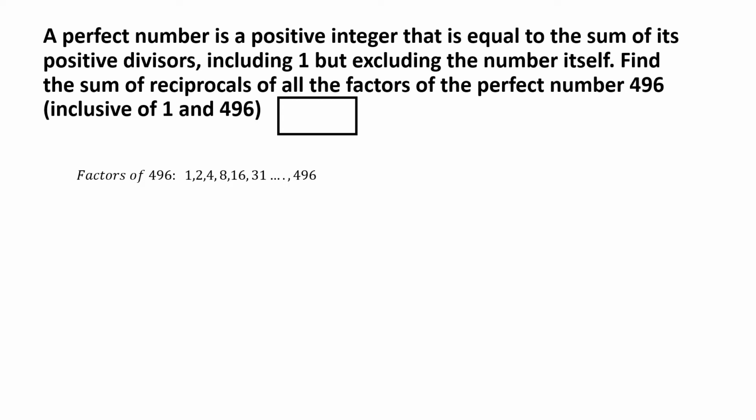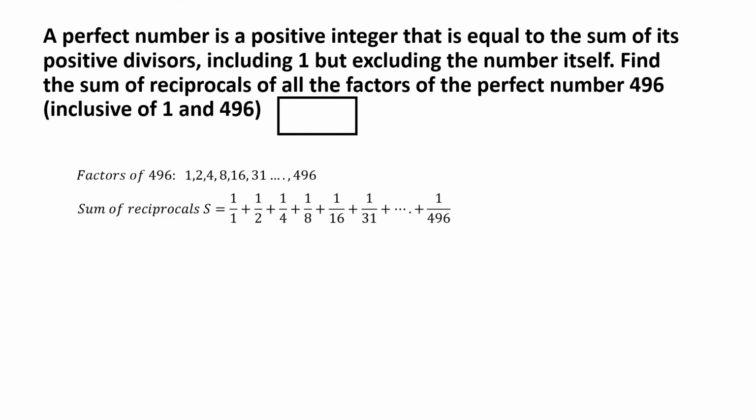And then this is the sum of the reciprocals that we're asked to find out. And again, I've included 1 and the number 496 itself. Basically, the sum of the reciprocals goes like this: 1 plus 1 by 2 plus 1 by 4, and so on.